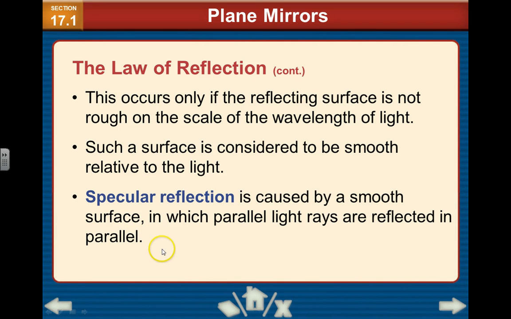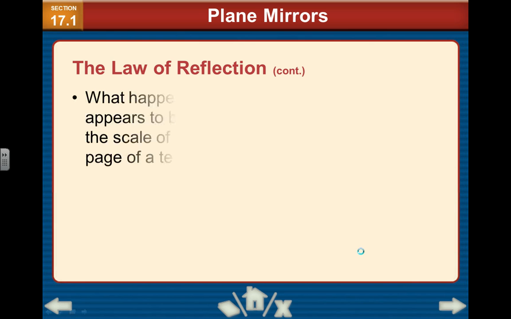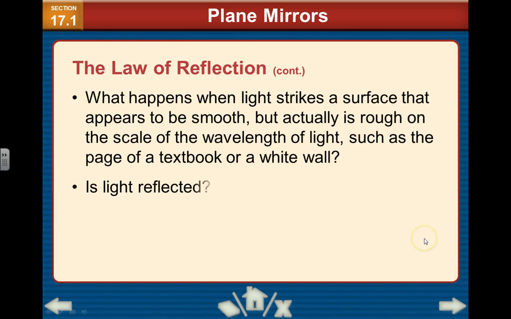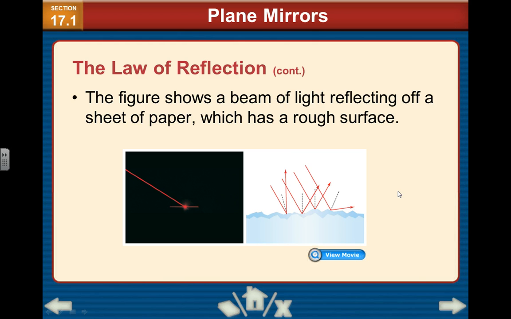Again, a smooth surface is going to give us a specular reflection, means that we're going to see the image. If it's not smooth, then we get it kind of bouncing off in a bunch of different directions.